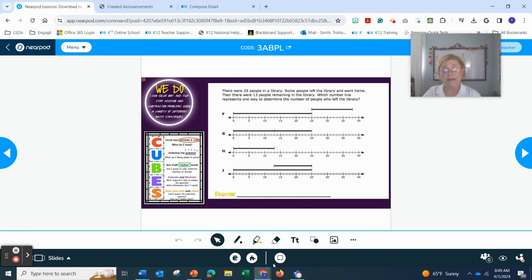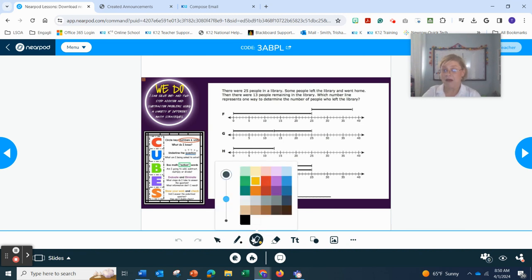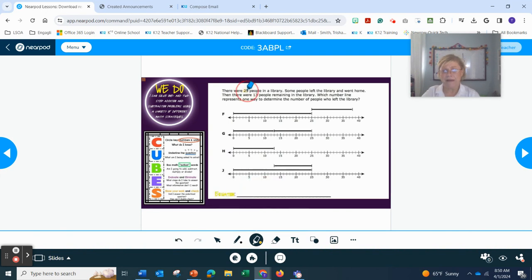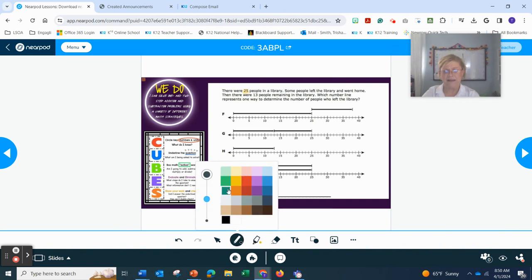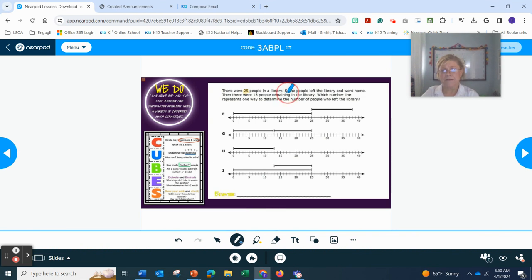So we stop and we ask ourselves, how many people were in the library to begin with? I said 23, didn't I? There are 25 people in the library. Some people left. We don't know how many, just some. I'm going to underline that. Some people left.